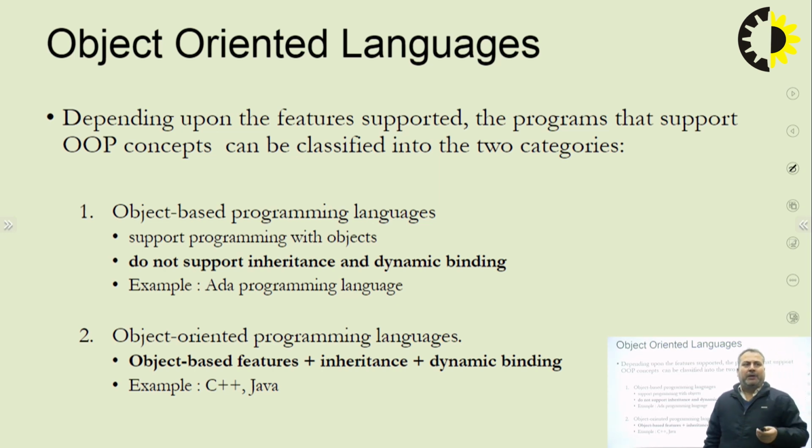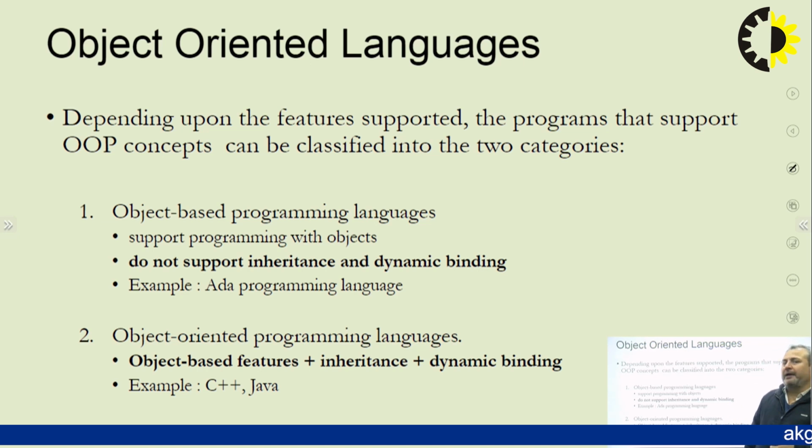Okay, so object-based programming languages support programming with objects, but they don't support inheritance and dynamic binding. Like ADA is a language that doesn't support inheritance as well as dynamic binding.